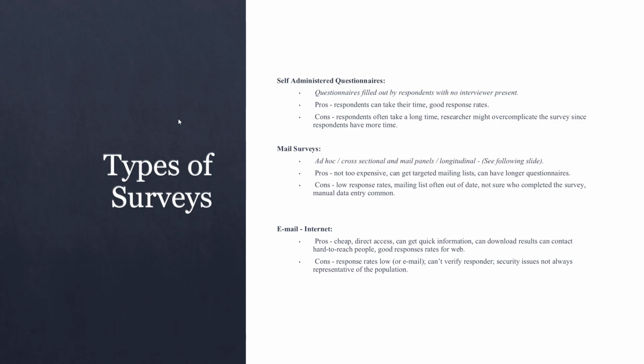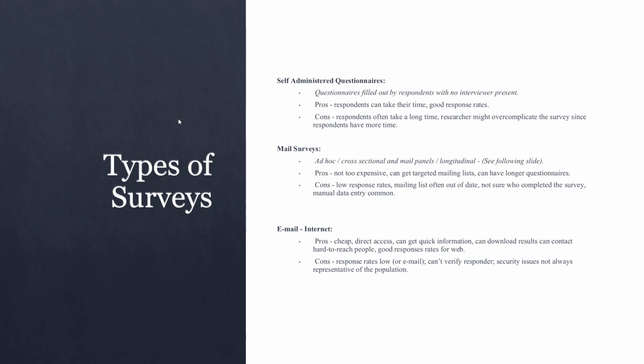For self-administered questionnaires, the pro is that respondents can take their time and tend to give a good response rate because they're not in a hurry. They're not under pressure to complete their survey. The downside is that because they're not under pressure, many times they don't complete it as quickly as they're supposed to.